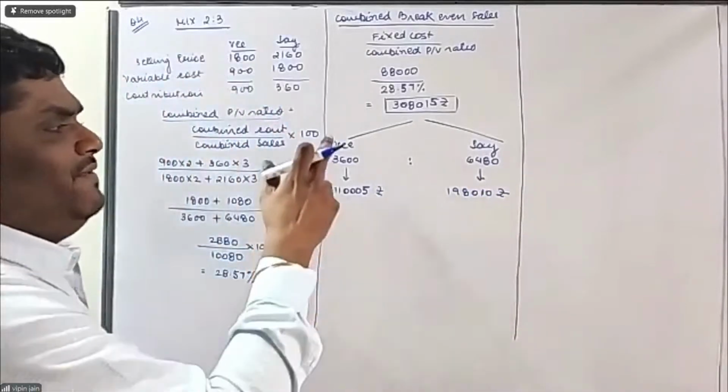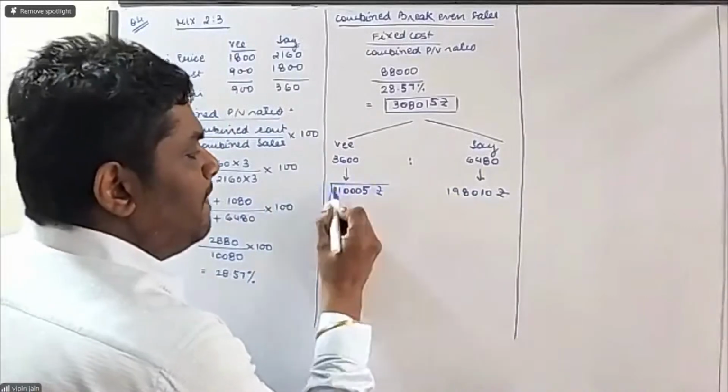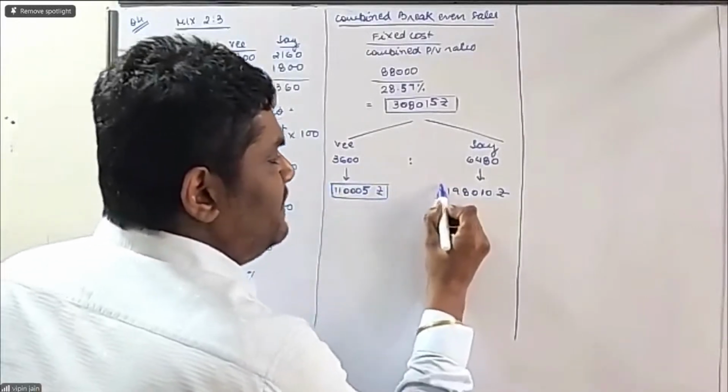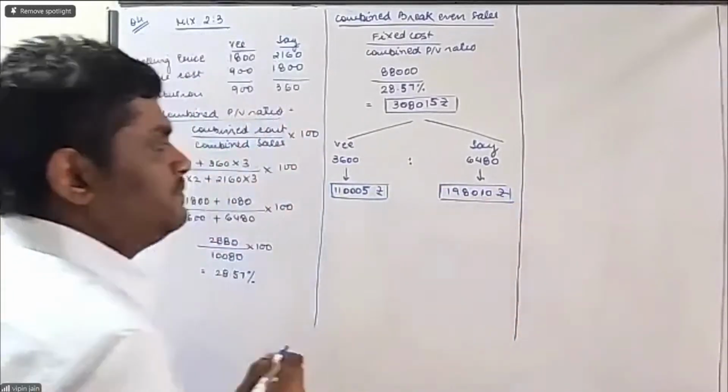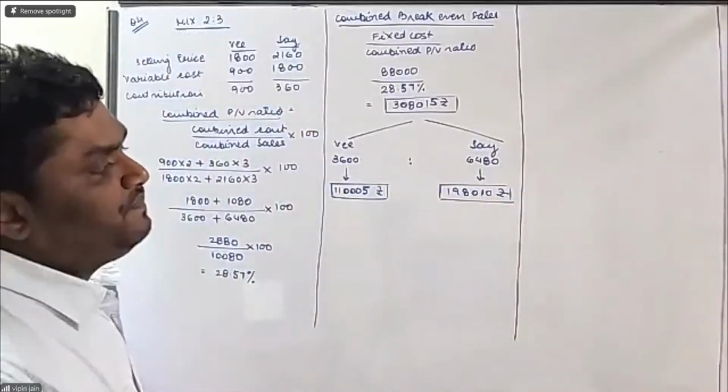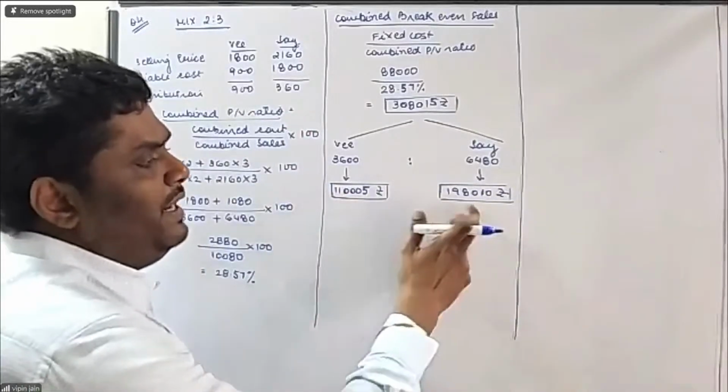So this is the break-even sales of V and this is the break-even sales of J. We have calculated in rupees.